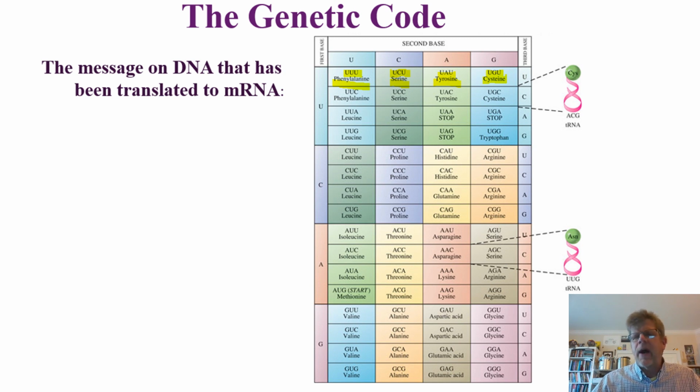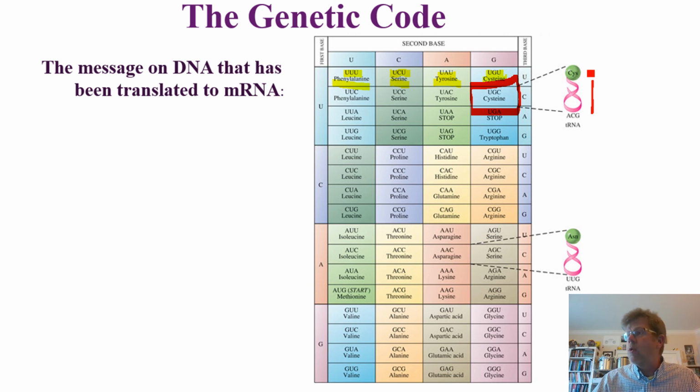If we look there in the upper right-hand corner, we see a fanciful drawing. This pink ribbon right here is meant to be the transfer RNA. That green ball on the top of it is an amino acid, in this case cysteine, looking at this particular box right there, where UGC means cysteine.